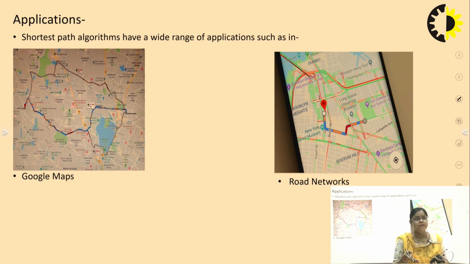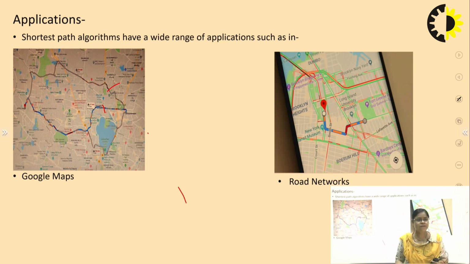Google Maps uses these shortest path algorithms to decide how our distance is covered. For example, in Google Maps, this is a place and this is a destination and we want to reach there. But there are two paths, one path is this one and the second path is this one.